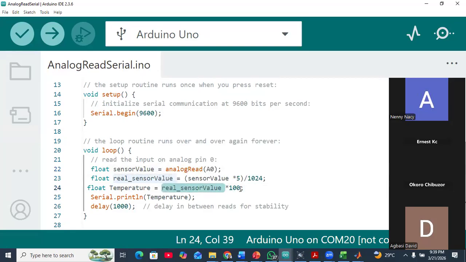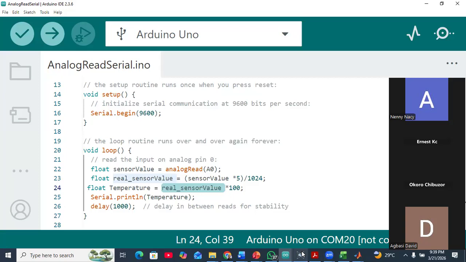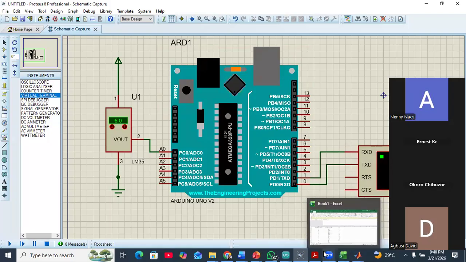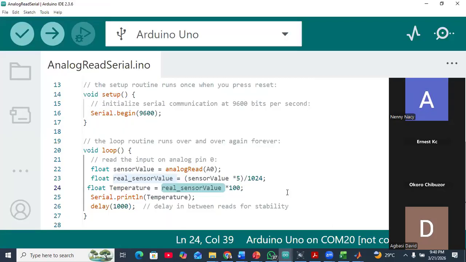And then we send the value to the serial monitor, so that it can display on this. And then we wait for a second, that is 1000 milliseconds, for another reading to happen.